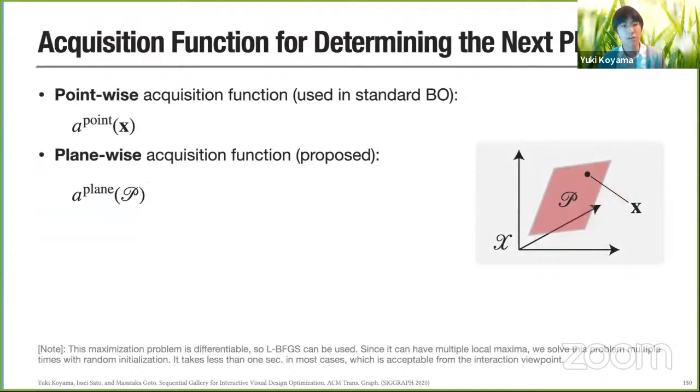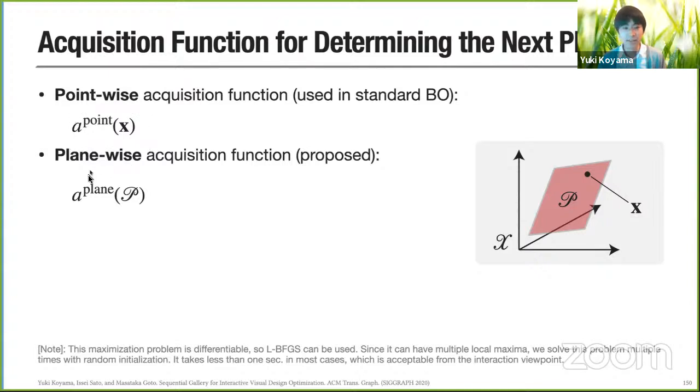For this, we can use the acquisition function used in standard Bayesian optimization. We write the existing acquisition function used in standard BO as a point, and this takes x, the point, as input, and then evaluates its effectiveness.